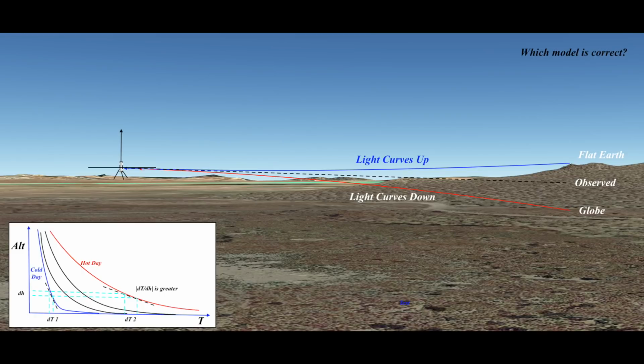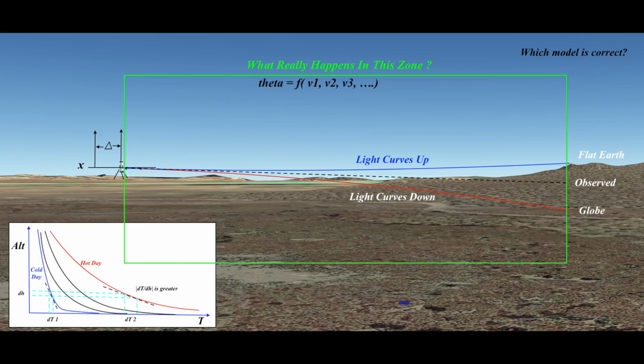Well, in the inset, I have some temperature gradient profiles there. And looking closely at what happens close to the ground, there's a stronger gradient there on a hotter day. And yeah, that kind of indicates that light really curves up. So we don't really know what happens in the volume of air that light propagates through to reach our theodolite.